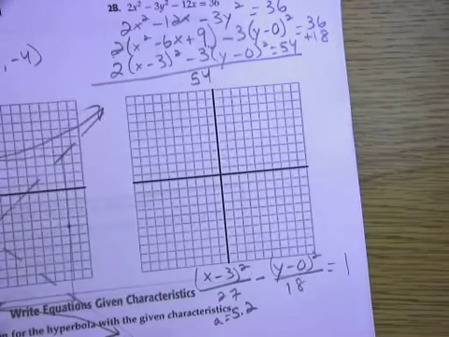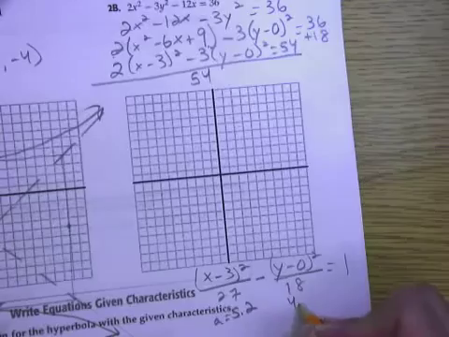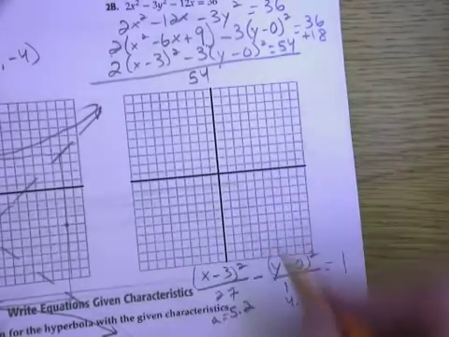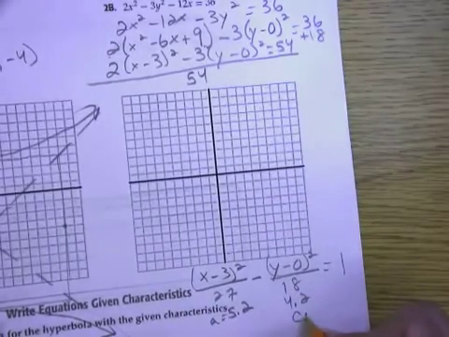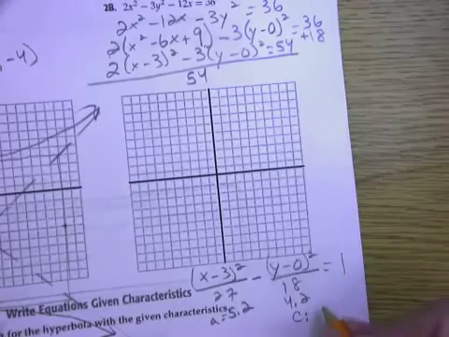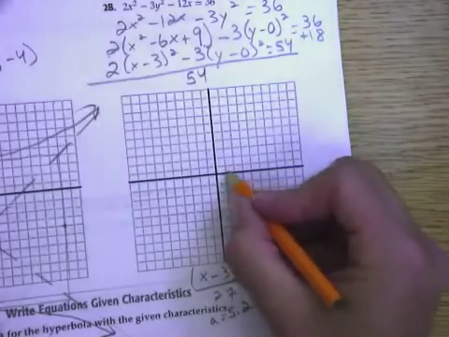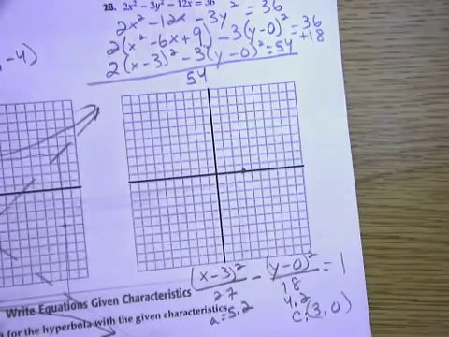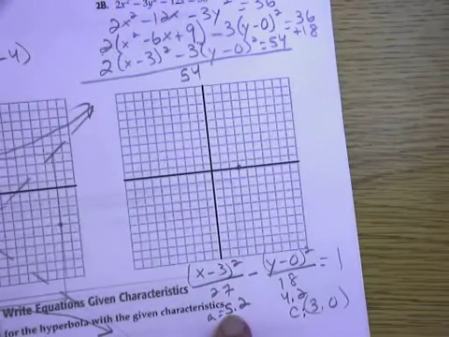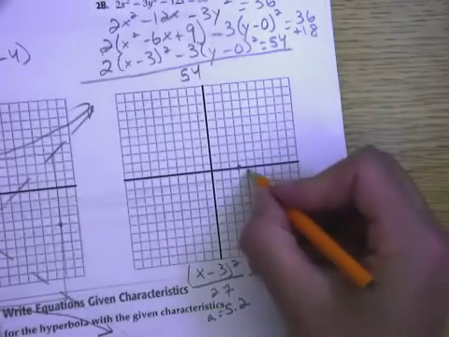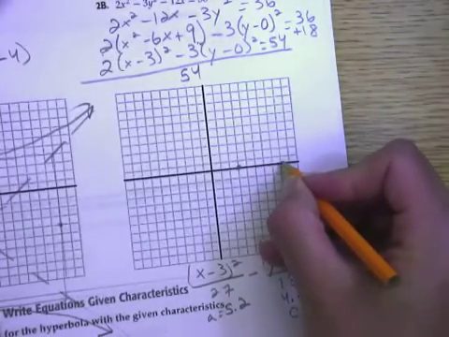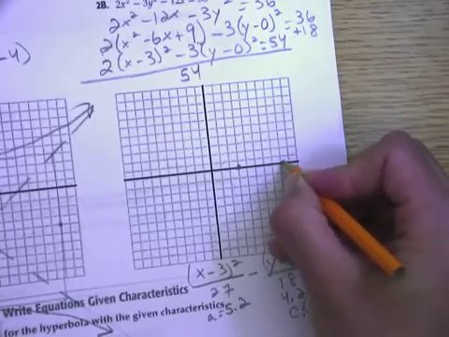So this a value is the square root of 27, which is approximately 5.2. This b value is the square root of 18, so 4.2. My center is at 3, 0.